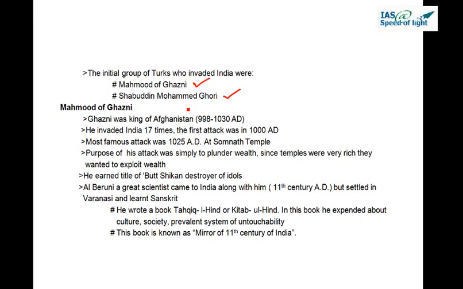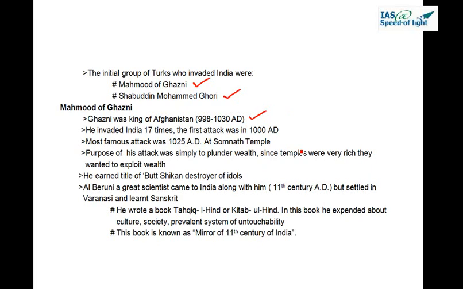Ghazni is a place in Afghanistan, and Mahmud of Ghazni was obviously the king of Ghazni, and that is the king of Afghanistan between 998 to 1030 AD. Now, he invaded India almost 17 times, and his first attack was in 1000 AD.